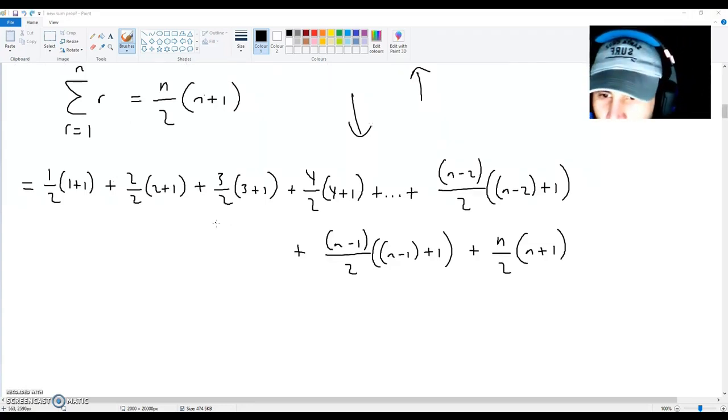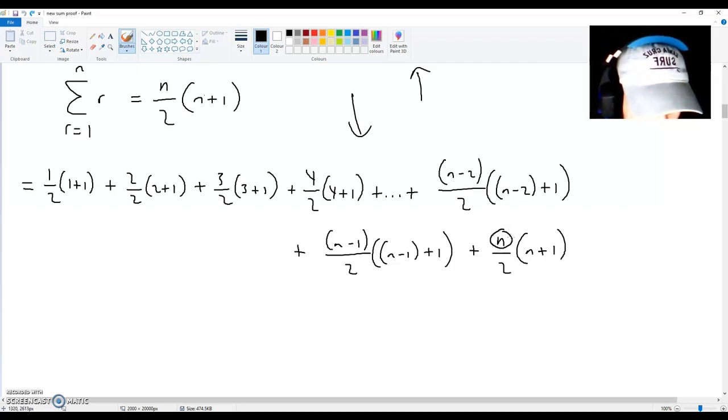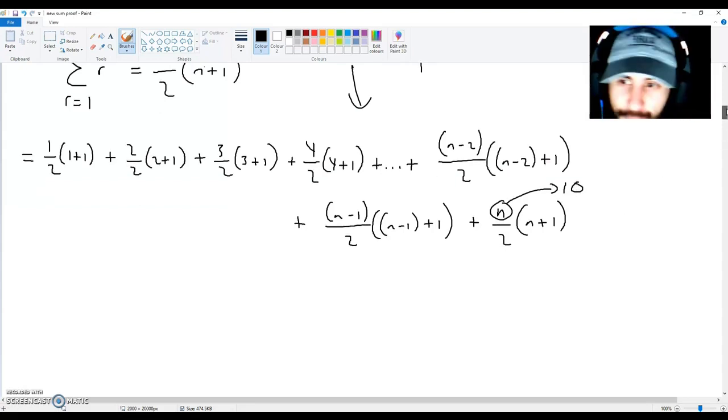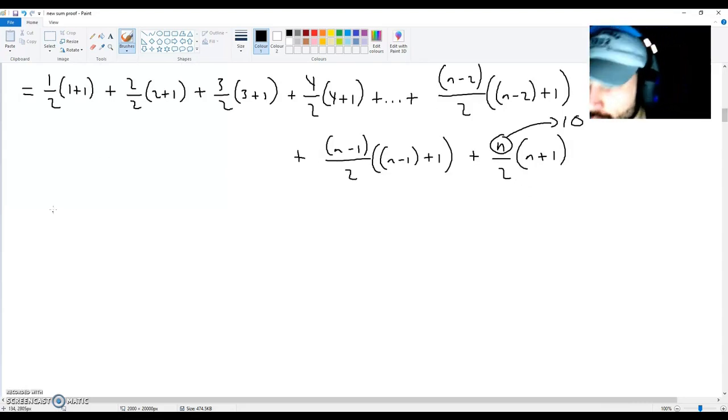So we're now at this stage, and I'm going to show you what all this means. I'm going to use number of terms is equal to 10 to demonstrate what all of this is going to actually mean. So we have 1 over 2 times 1 plus 1.